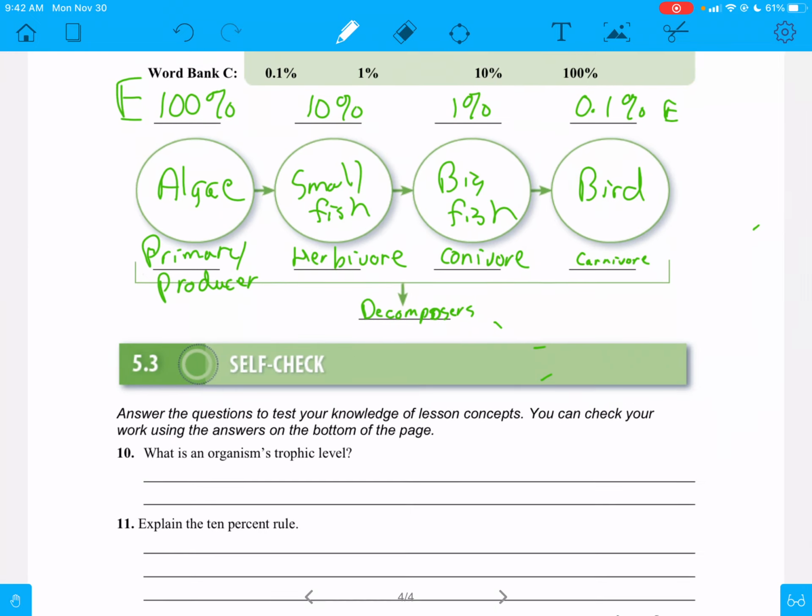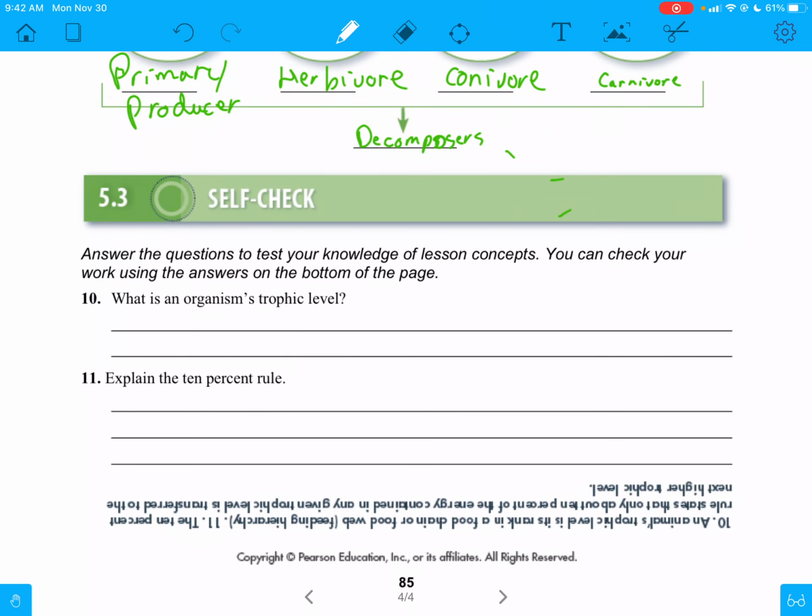All right, and then finally, let's look at 5.3, number 10. It says, what is an organism's trophic level? And the answer here is going to be the level at which they are getting energy, right? So an animal's trophic level is its rank in the food chain. Its rank in the food chain.